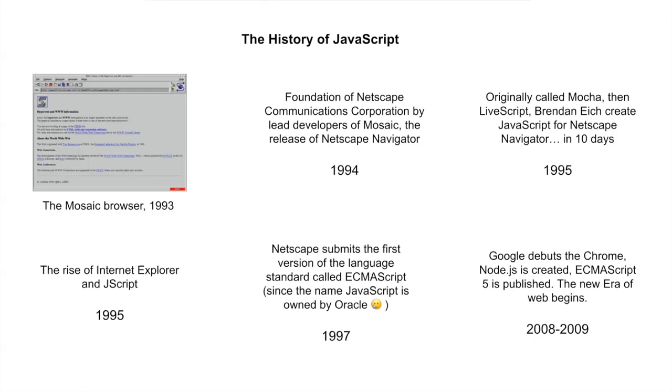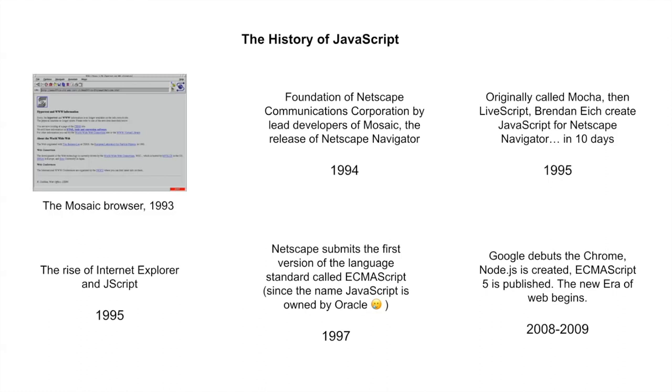Okay, so a couple of years later, Internet Explorer is starting to pick up the competition, and we have Netscape Navigator, where the JavaScript language had its inception, and we also have Internet Explorer.